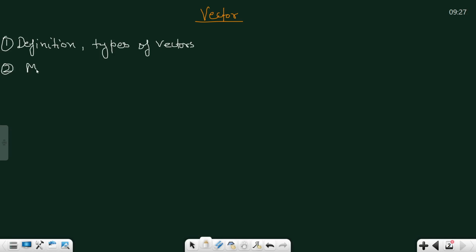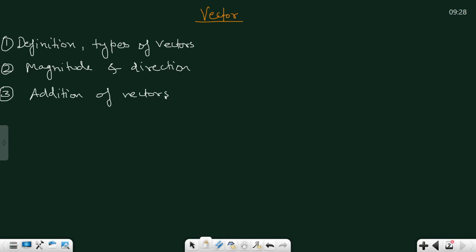Second, magnitude and direction. Third one is addition of vectors. Fourth one is equal.